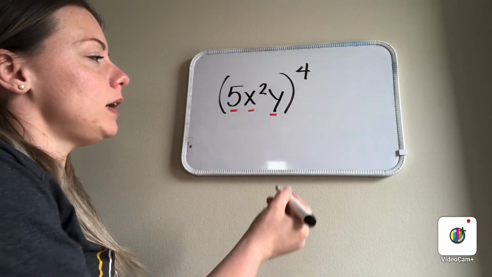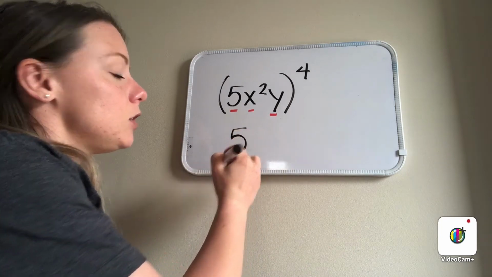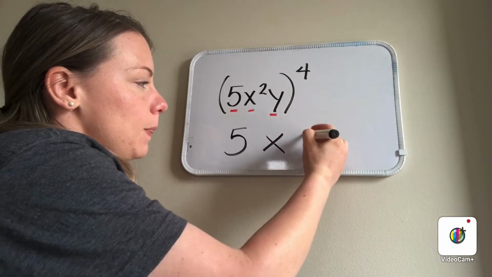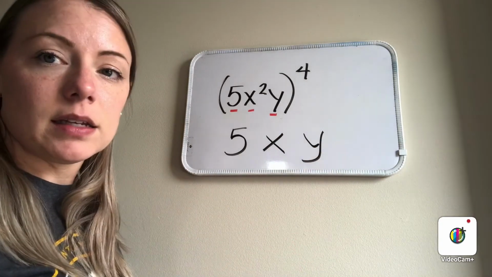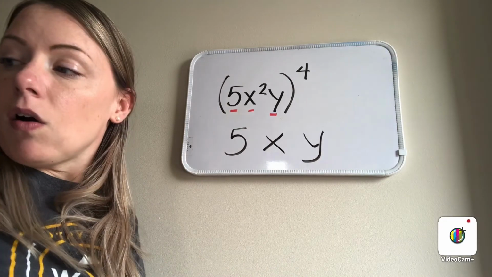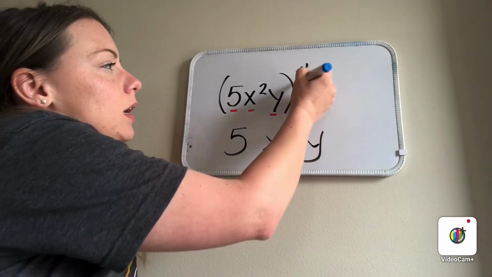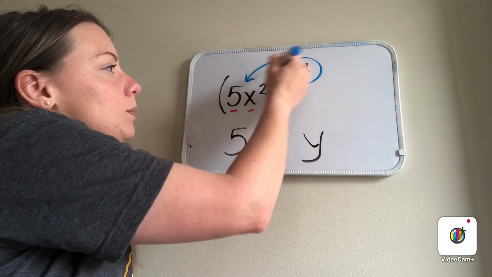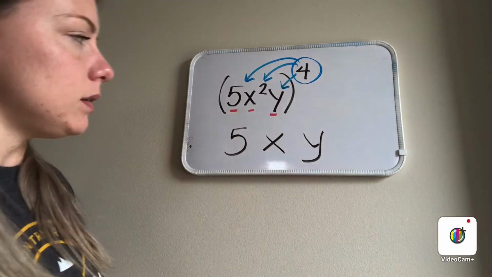So our first step was we needed to keep all of the bases the same. And the second step was that all of the exponents would change because the outer exponent would be distributed to each of our inside exponents.